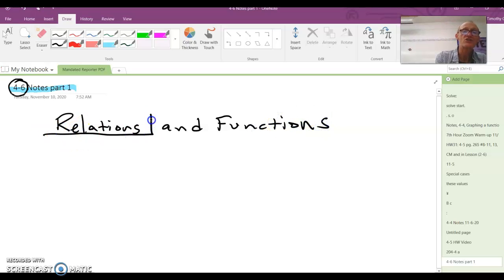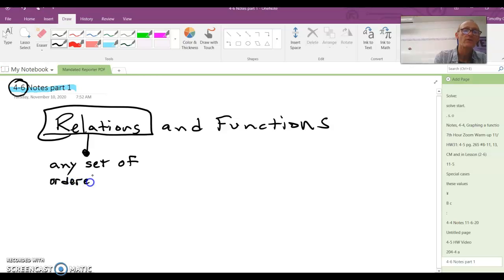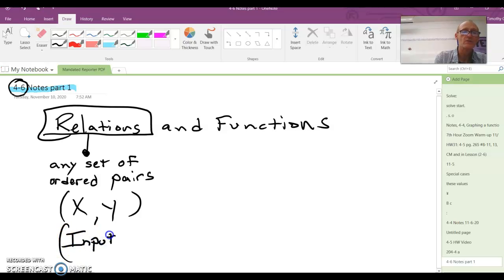Now, a relation is any set of ordered pairs. So what that means is an X and a Y. We call X the input, and we call Y the output.